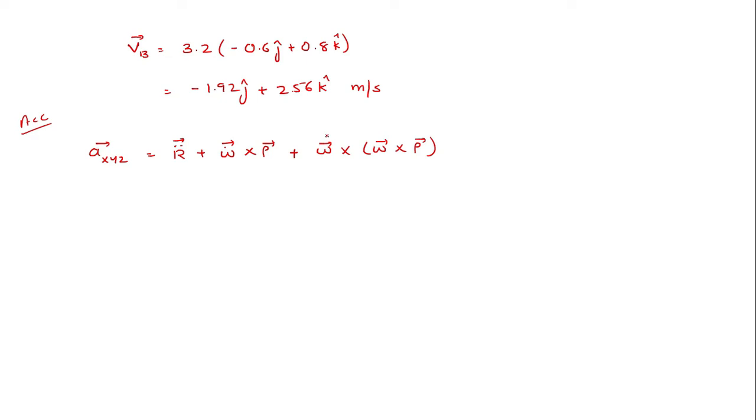Now remember one thing, whenever you solve three-dimensional problems, you will have to take the full cross product. You cannot use the corresponding equation of minus omega square into rho when you are doing three-dimensional problems.